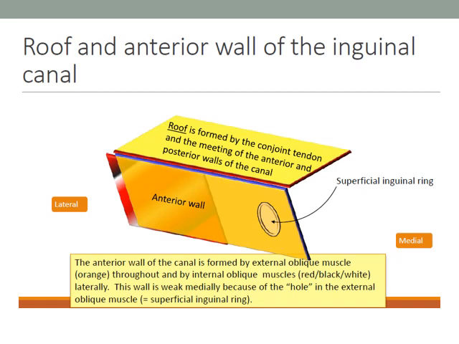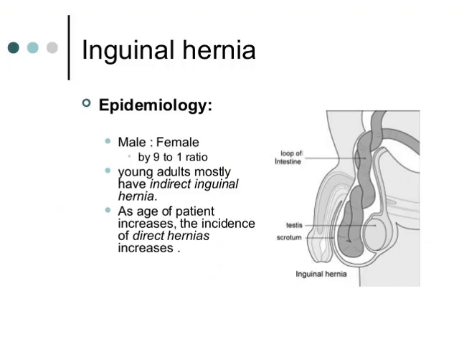The inguinal canal in males contains the spermatic cord and the ilioinguinal nerve, but in females it contains the round ligament of the uterus with the ilioinguinal nerve. For inguinal hernia, the male to female ratio is 9 to 1, so it is more common in males.